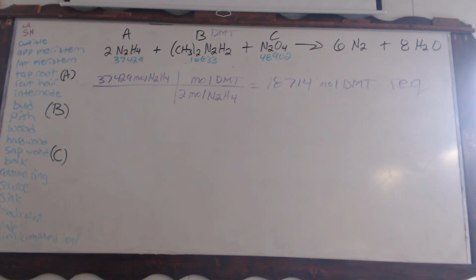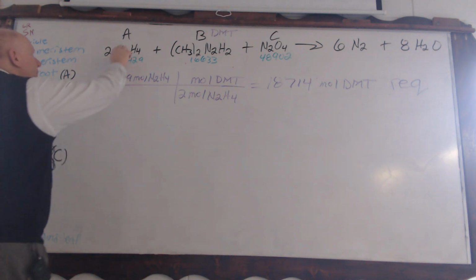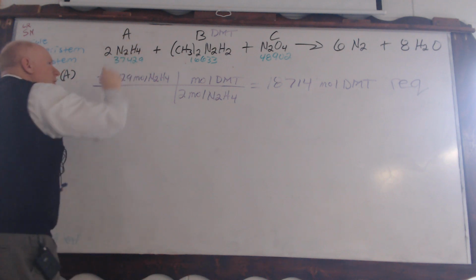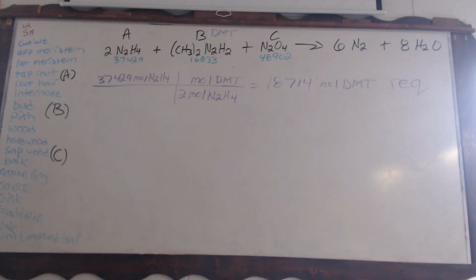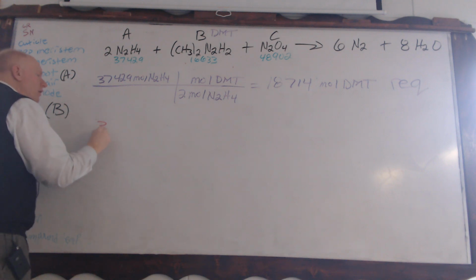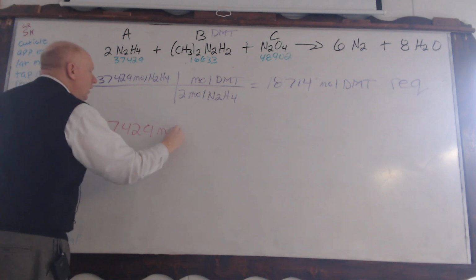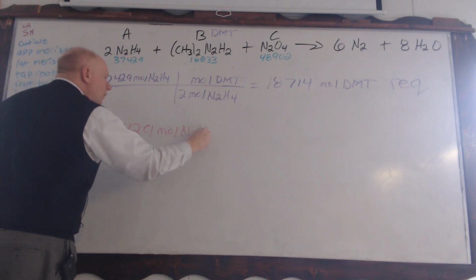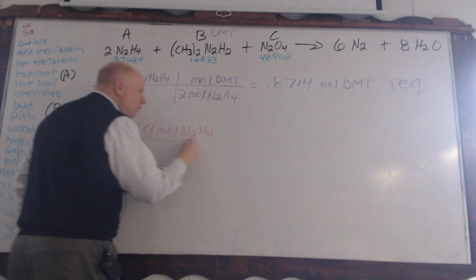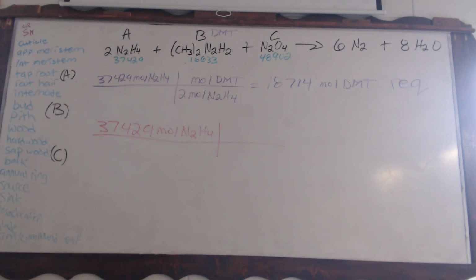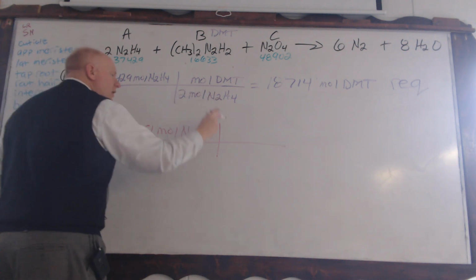Okay? So, we went from A to B. Now let's go from A to what? Let's go from A to C. Okay? So same thing. 37,429 mole of N2H4. So how do we get into moles of C now? We're going to do that same thing down here.